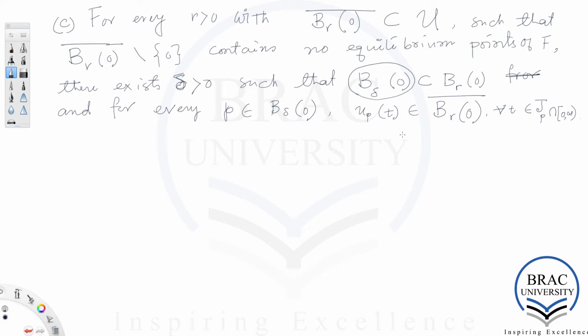So for a given R, we will first construct this ball BR0. This is 0. This is BR0.